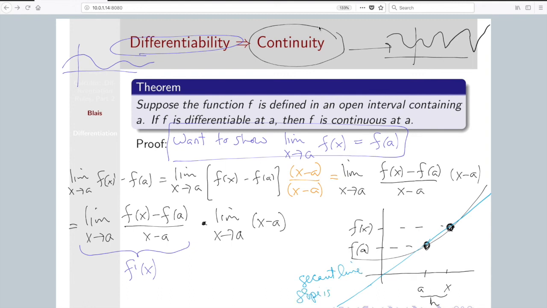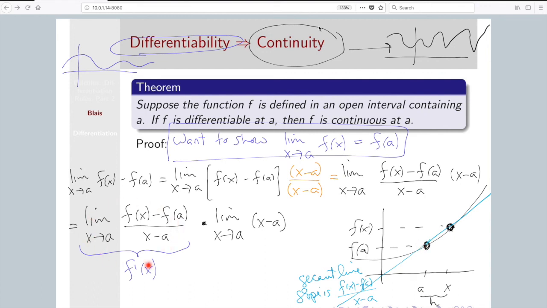Which is the rise is f of x minus f of a. All over the run, which is x minus a. Which you see is exactly what we have here. So this is another way of expressing the difference quotient, where you have the slope of the secant line. And then when you let h go to 0, or equivalently in this case, x go to a, the secant line becomes the tangent line, and this becomes f prime of x.